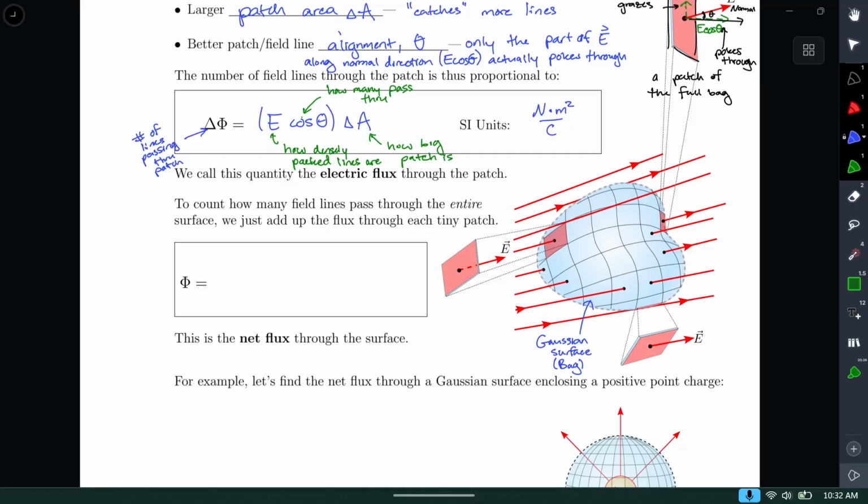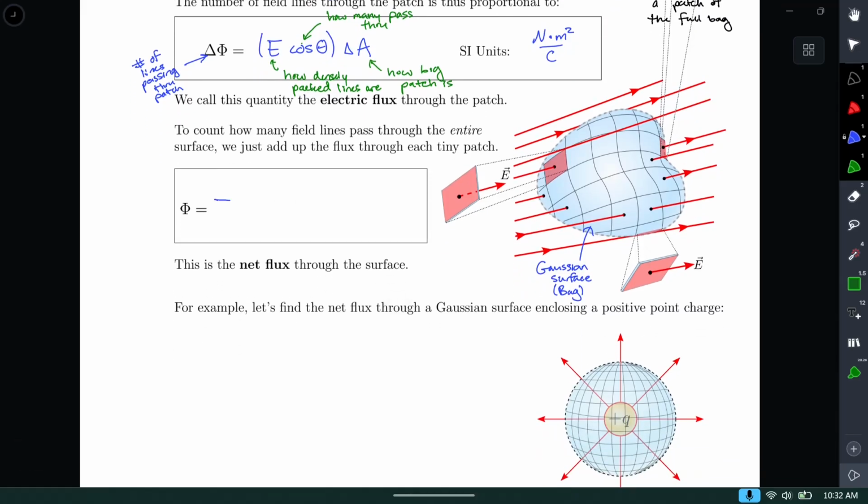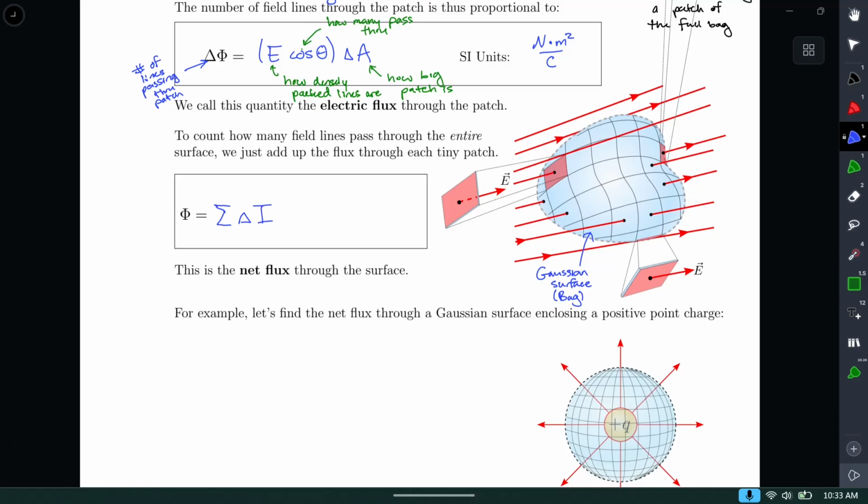Figure out how many patches are there. Yeah, you just break the entire surface into patches, count how many field lines pass through each of them, and then add all of those fluxes together, all of those counts up to get the total count. So add up all of the little counts of field lines, how many pass through each little patch, and that will give you the total count through the entire bag, through the entire surface.